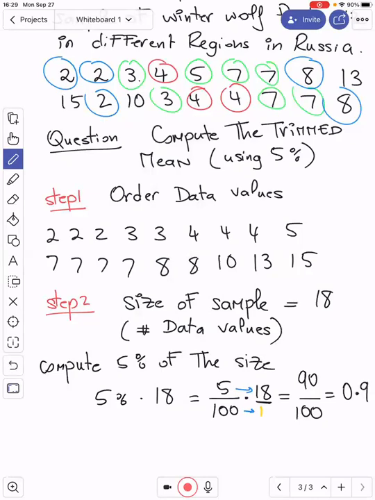Now, guys, you need to round this decimal to the nearest whole number. So we have to round to the nearest integer or whole number.